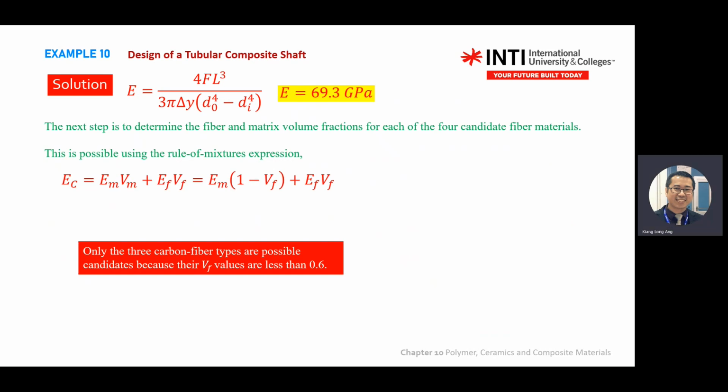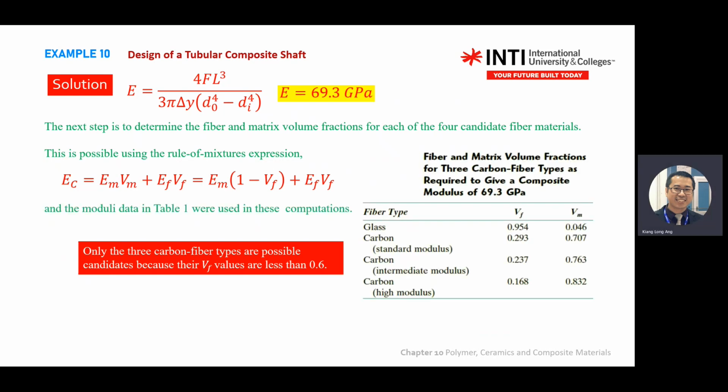So you use this equation that you have seen since the beginning: EC equals EM, the matrix, plus the fiber. You put in the ratio, then you calculate. This one is the result after you compute, and you need to use it inside here.